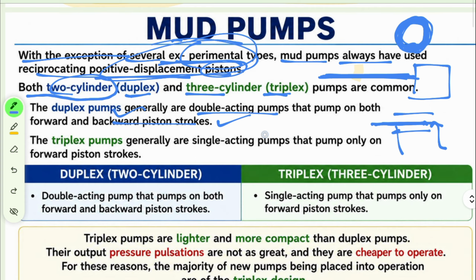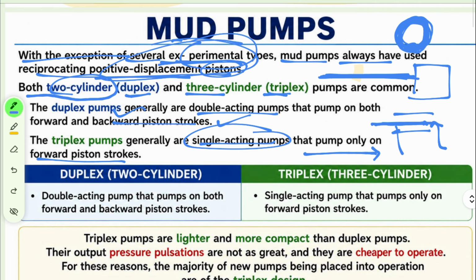Next one is the triplex pump, which we also call a single acting pump, right? Single acting pump means triplex pump, double acting pump means duplex pump, right? Triplex pump is generally single acting, that pump only has forward motion, forward stroke. Forward stroke means when the piston is moving from left to right.